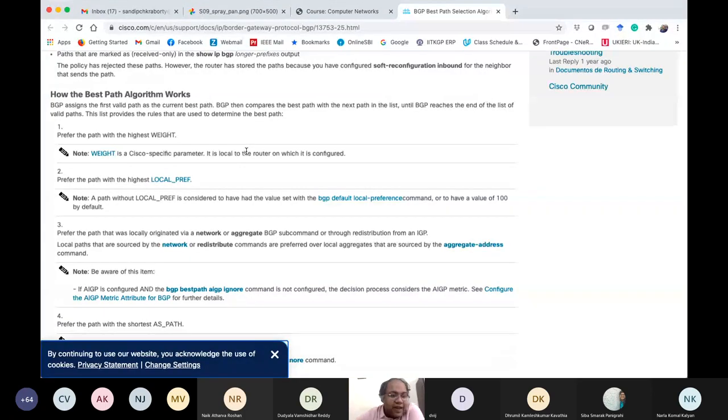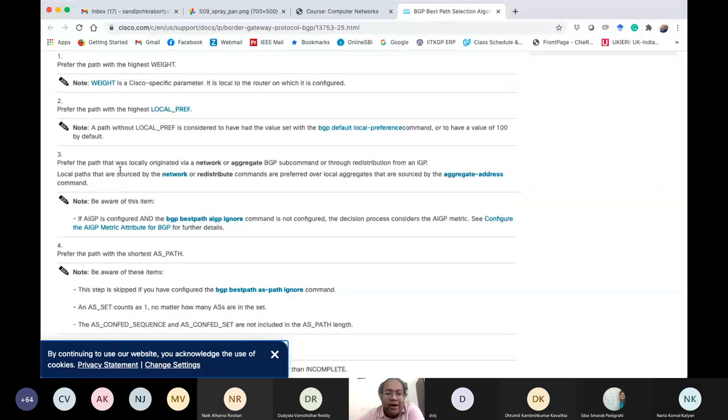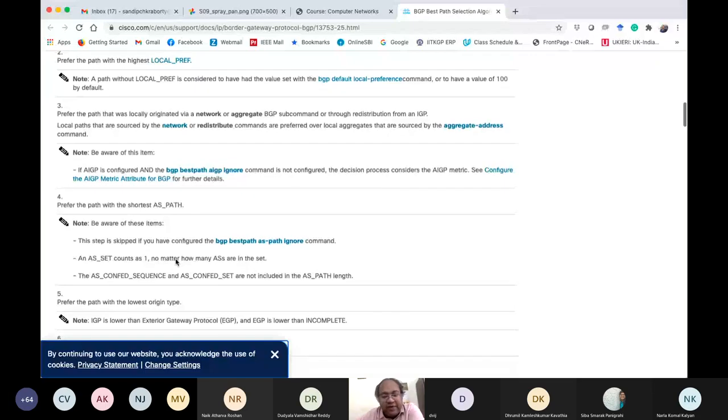Then the second rule says you prefer the path with the largest local preference. The third rule is to prefer the path that was locally originated via a network or aggregate BGP subcommand or through redistribution from an IGP. That means you give priority to the local paths over, say, the transit routes. The fourth rule says you prefer the path with the shortest AS path information. If you have multiple AS paths, whichever provides the shortest path, you consider that one.